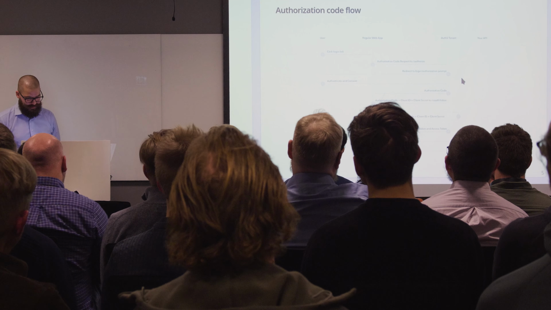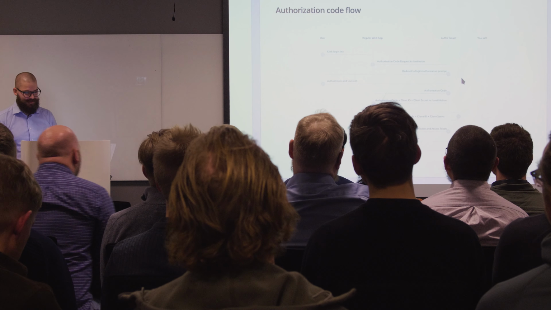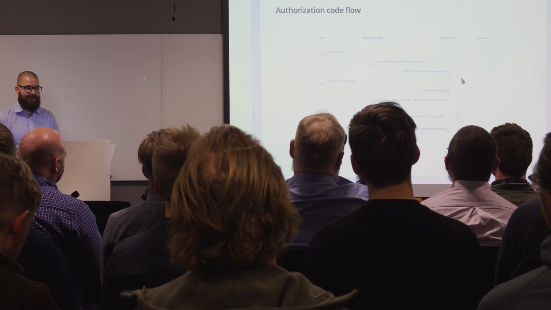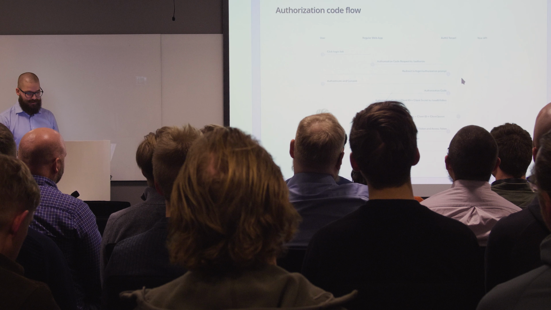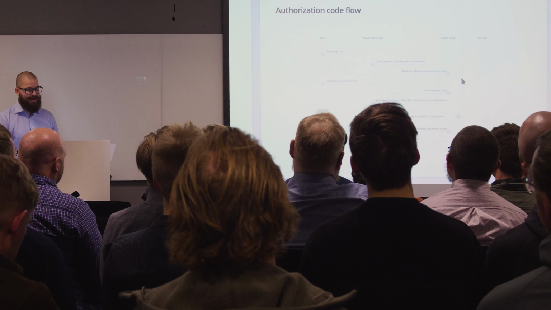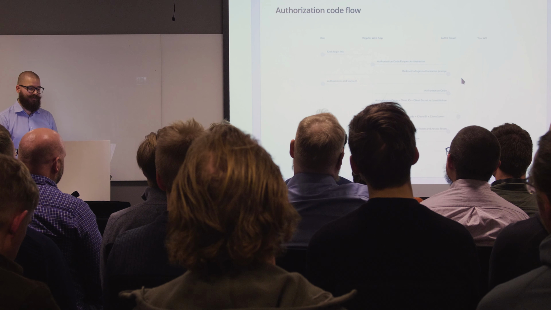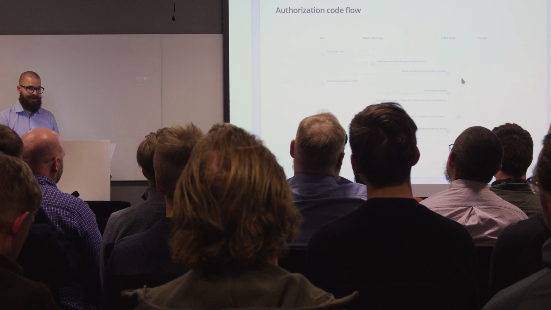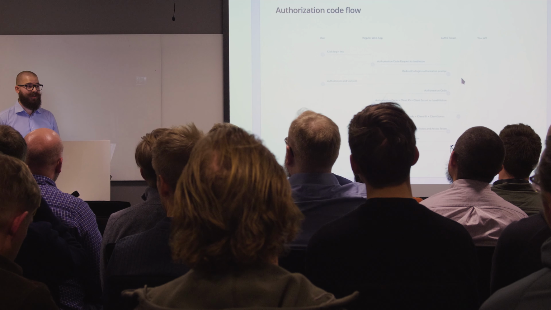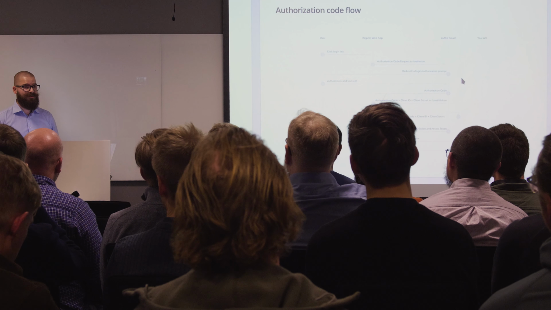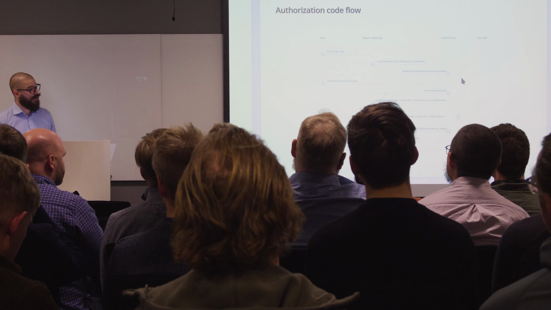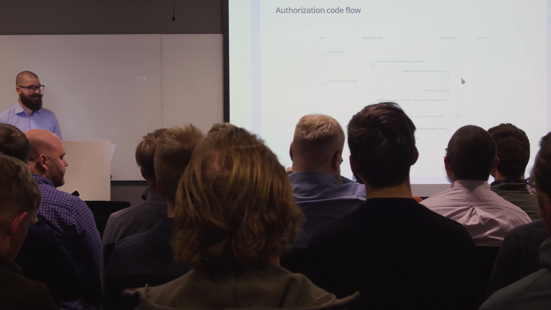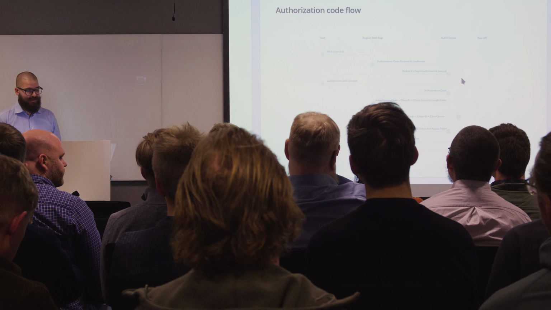The flow, as you see here, can be perhaps complex, but it's quite easy to get started with it. I think that the big difference between the authorization code flow and the implicit and hybrid flows is that the implicit flows actually expose the tokens in the query parameters in the browser, so it's not classified as secure as this one.